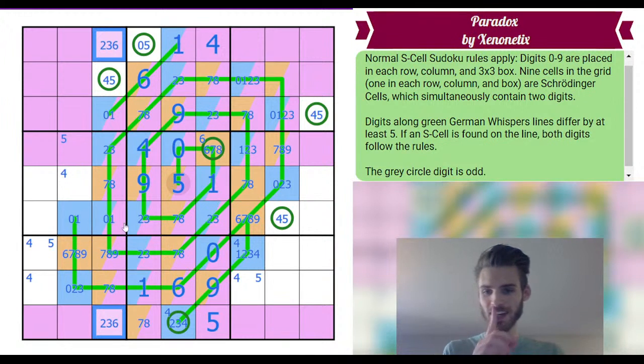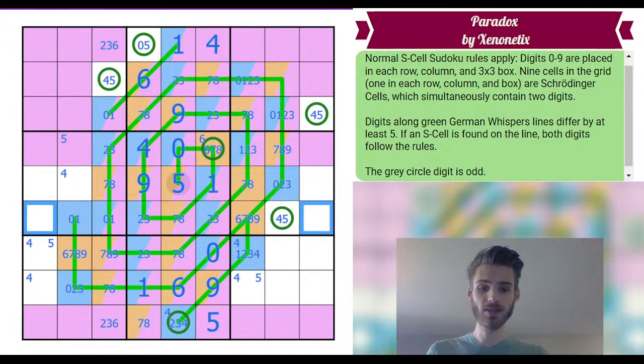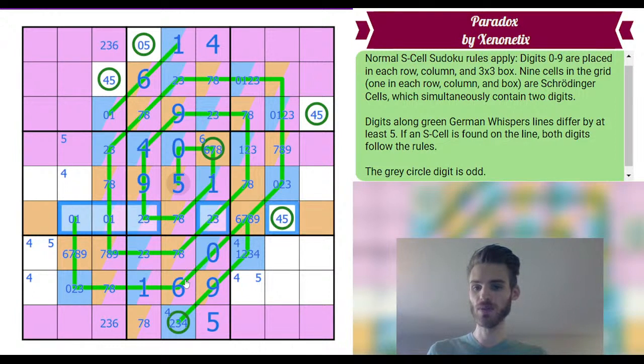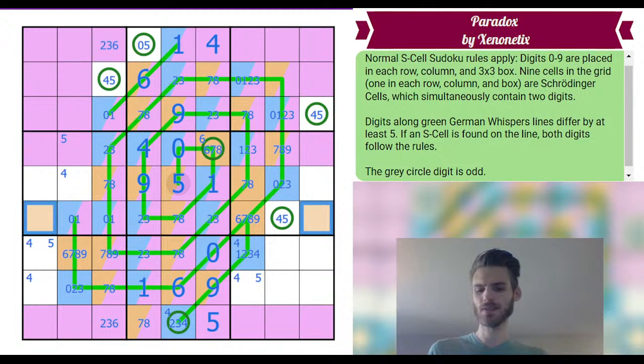Oh, please don't end. Oh, these cells are all high because we have all of our low digits in the row. And this cell is not an S cell because it would break this one. So these cells can be those digits, which is going to tell us nothing.